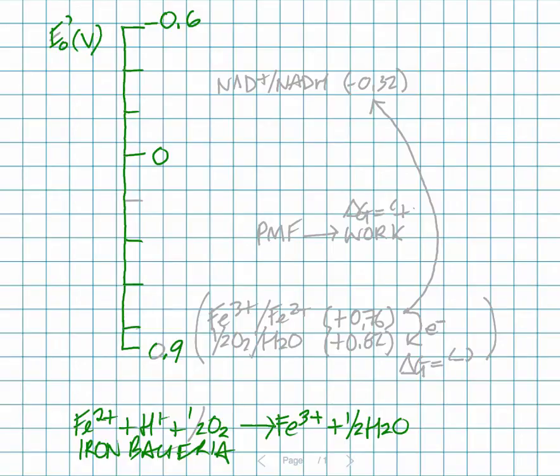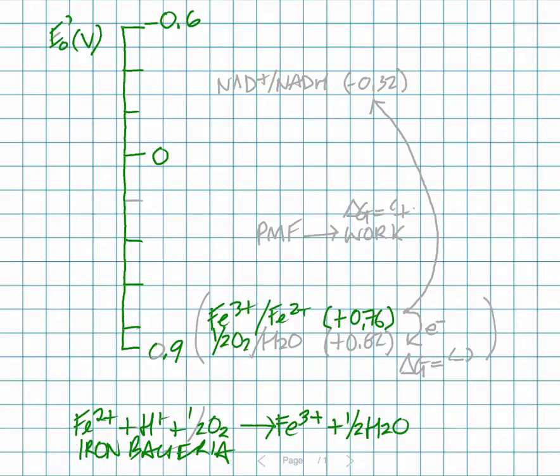So let's put Fe3+/Fe2+, that couple there, and that has a standard reduction potential of plus 0.76 volts. Now let's put the other part of the equation on there.